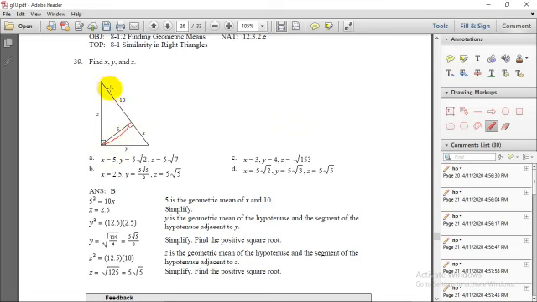So 5 squared equals this part times that part. Again, 5 squared, or this side squared, equals this part times the other part. So 5 squared equals 10x, so x equals 5 to the power of 2 divided by 10.